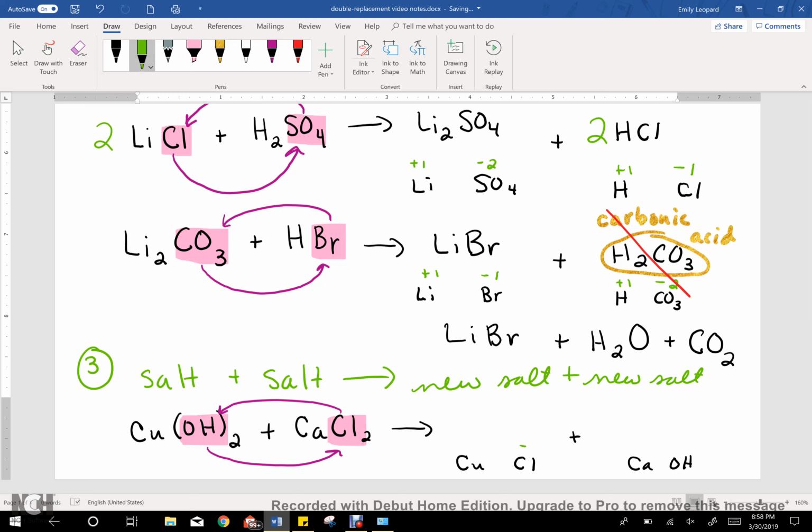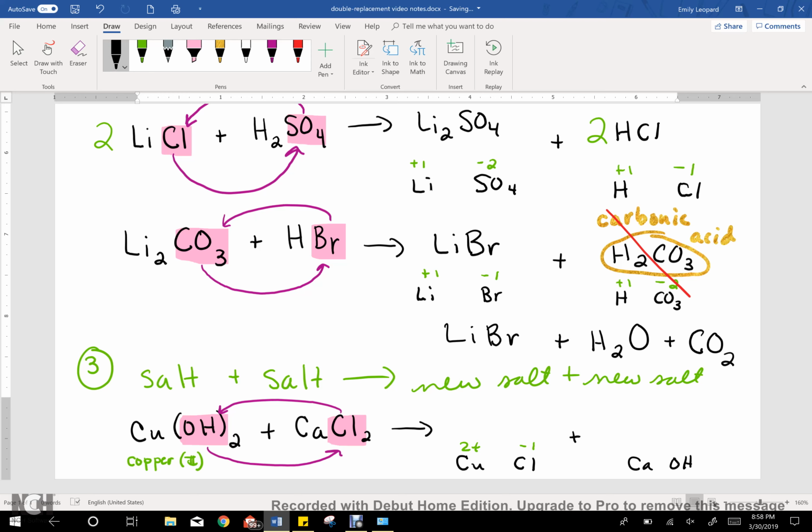So again, we've got a charge balance. And the catch is that if your metal can have more than 1 charge, you want to use the same charge that it had on the reactant side. So in the reactants, we can see that copper was copper 2+ in this case. And so we'll want to use that same charge for copper in the products.